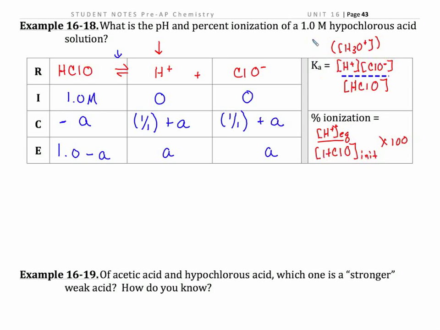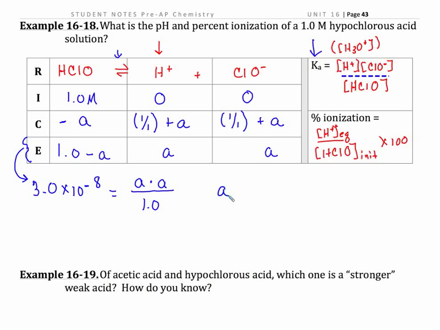Now you have to look up your Ka values. Those are provided for you on tables, or they will be given in the context of the problem. And I get 3.0 times 10 to the minus 8th for my hypochlorous acid. And I've got A for my H+ times A for my ClO-. Remember, I'm taking what's given in this last equilibrium constant column and putting it into the equilibrium constant over 1.0 molar.